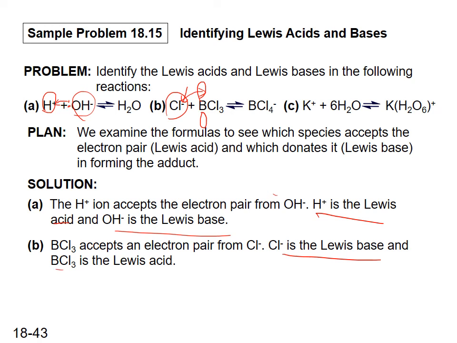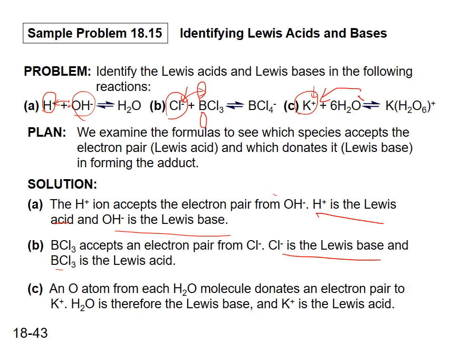Okay, last one, potassium plus. A plus usually means it doesn't have electrons, so it can accept a lone pair electron. In water, oxygen has a lone pair electron and donates it to potassium, and therefore potassium is a Lewis acid. Water is a Lewis base.